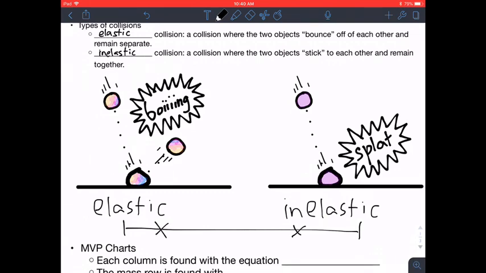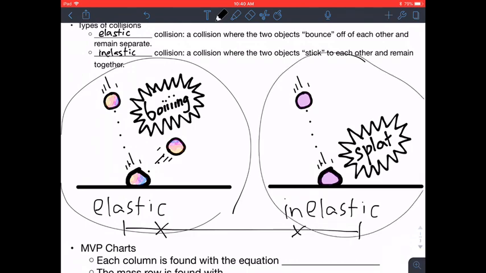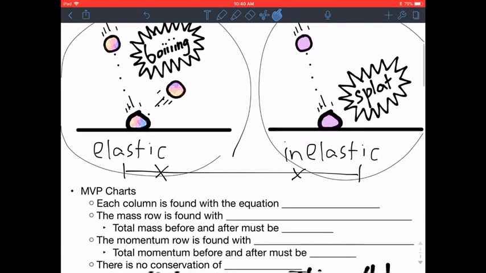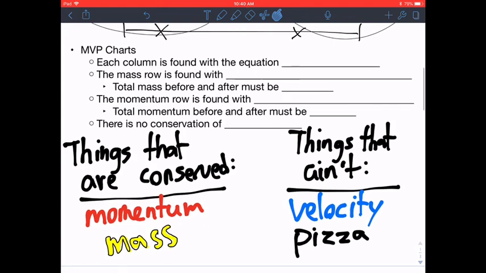They definitely separate, but there's a little bit of squishing going on in the soccer ball. So really everything is somewhere on that spectrum. But in physics, we just decide there's elastic and there's inelastic, and we try to keep them separate just to keep things a little bit simpler.